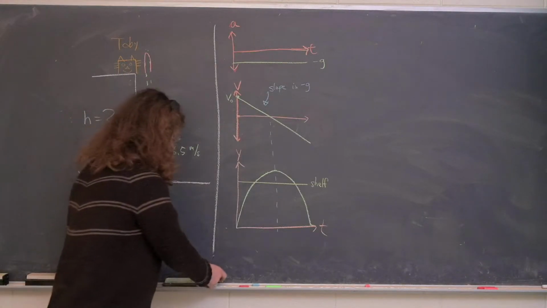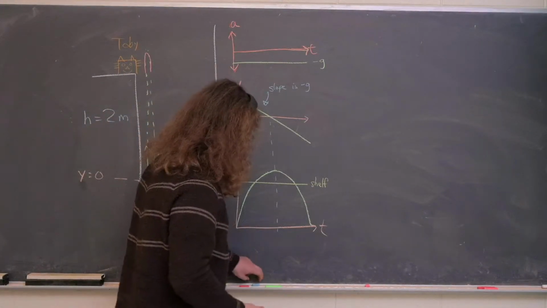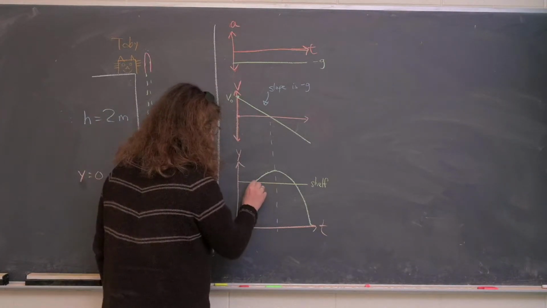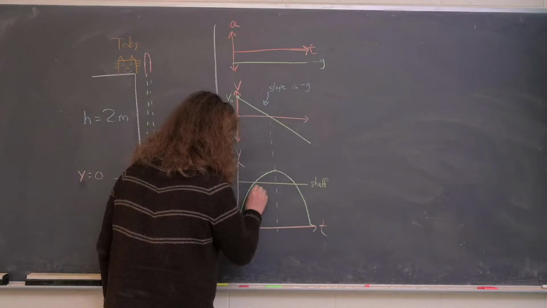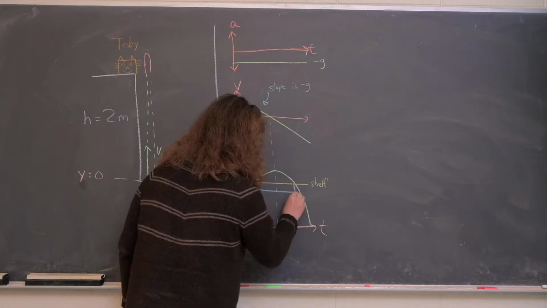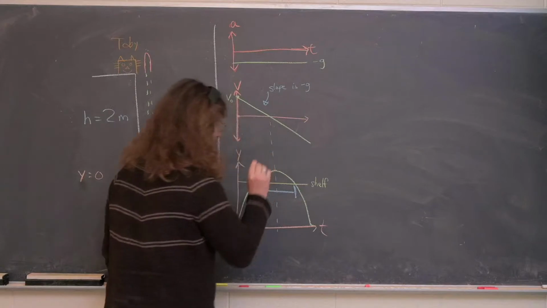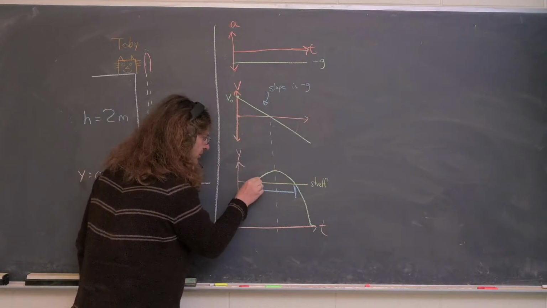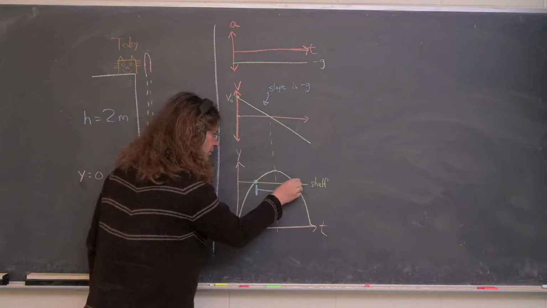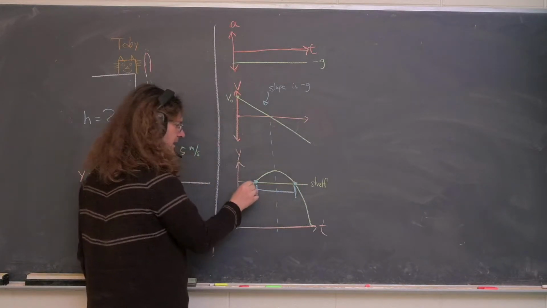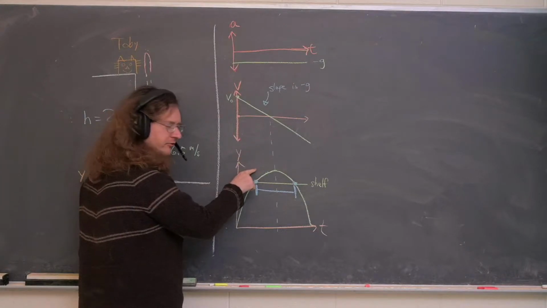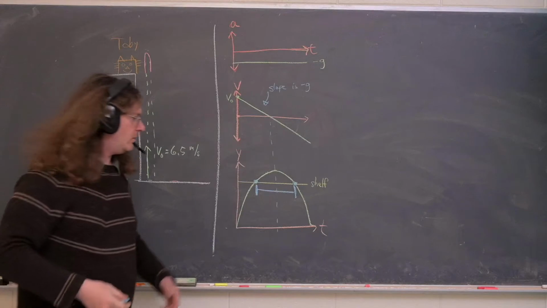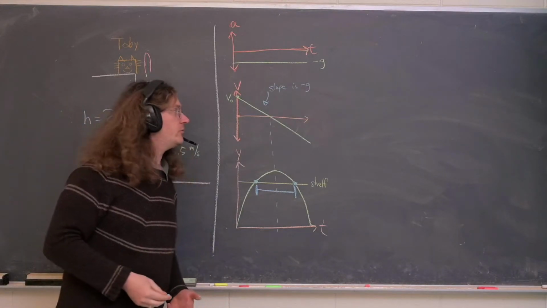So what we seek for this problem is to know this time interval, that amount of time. So there's some time here when the height goes above the shelf, and then sometime later when the toy goes below the shelf. We want to know the difference between those.